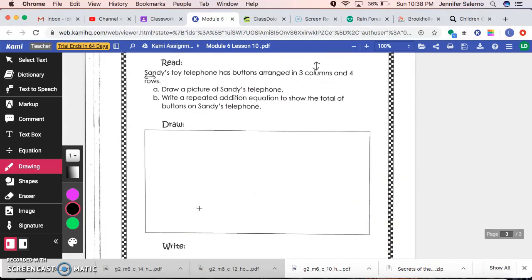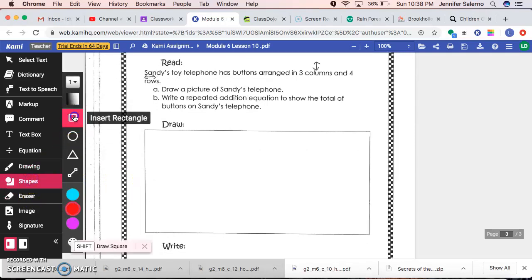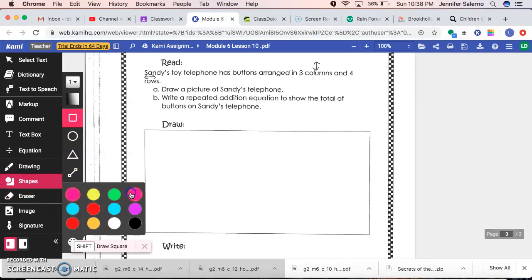So to get you started, let's talk about this. It already said that we have 3 columns, for example, okay?